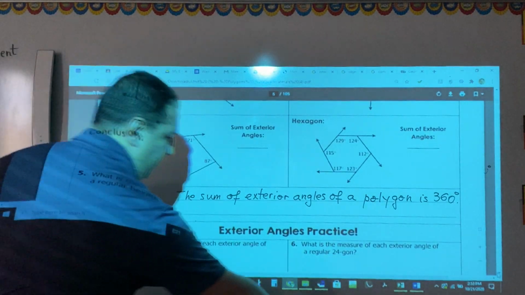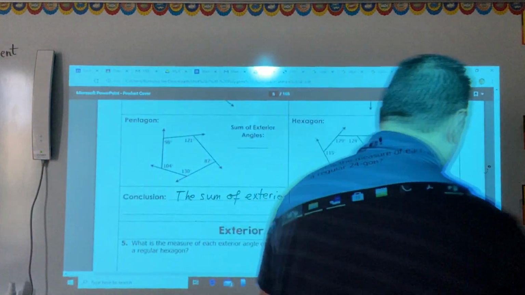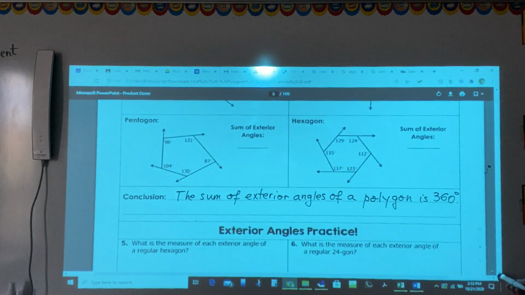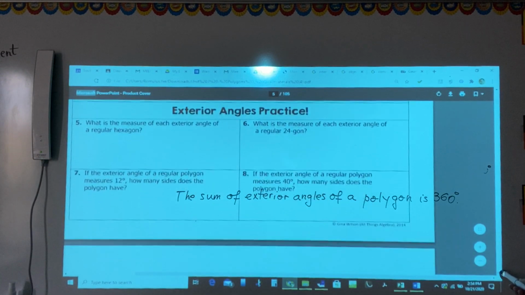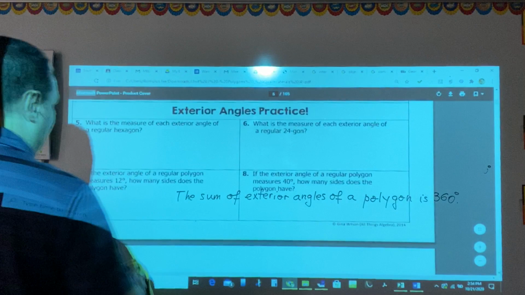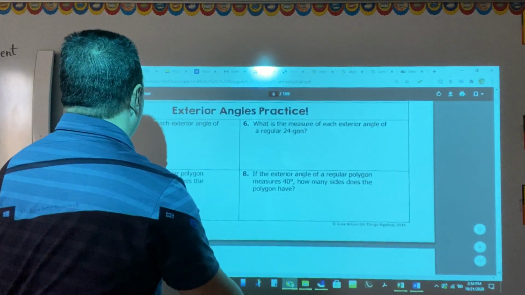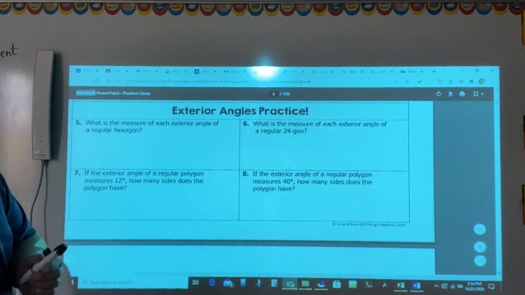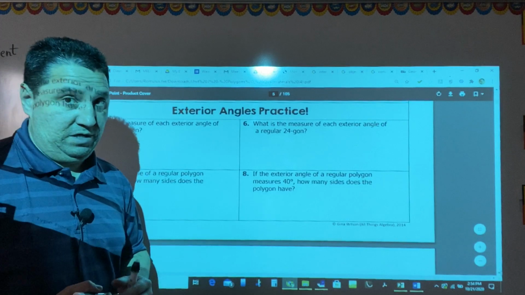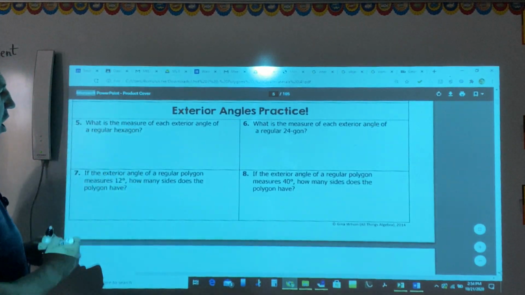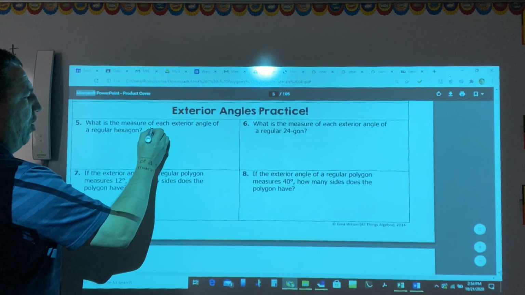Let's have a few examples. For example, what is the measure of each exterior angle of a regular hexagon, right? We know a hexagon has how many sides?